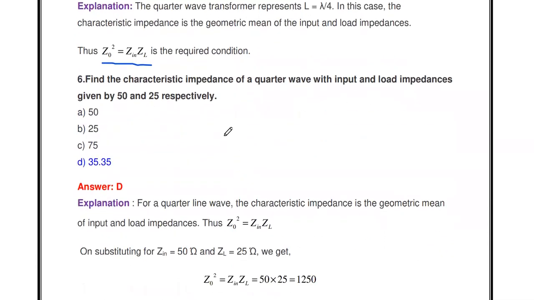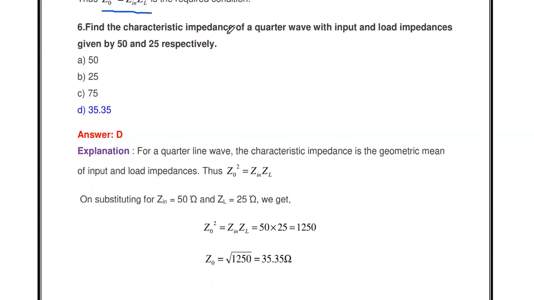The next question: find the characteristic impedance of a Quarterwave line with input and load impedances given by 50 and 25 respectively. For a Quarterwave line, the input impedance Zin is 50 ohms and the load impedance ZL is 25 ohms.